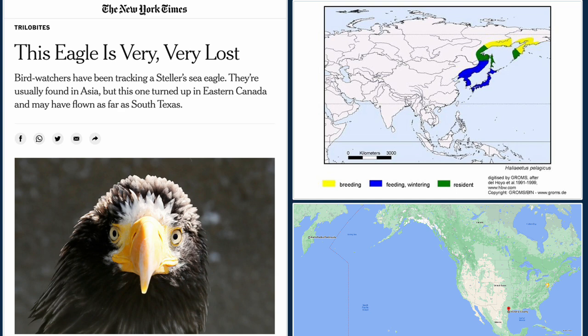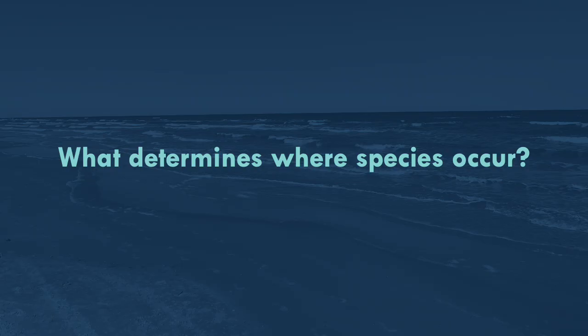But the question really here is, who says that the bird wasn't supposed to be there? And what determines where a species actually occurs? And that is a question that is sort of at the core of marine community ecology, because the species are what makes the community, right? So we're always interested in understanding why certain species occur here but not there.